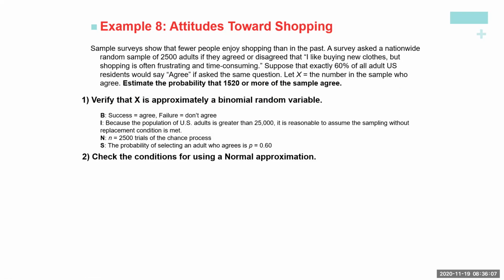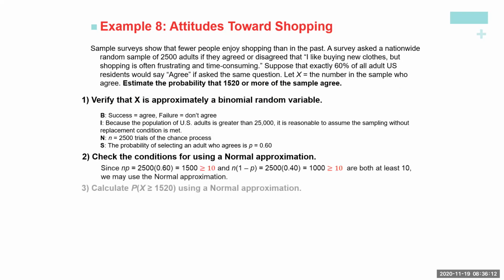So we also need to check the conditions for a normal approximation. So we need to check the 10% rule. Since np, n is the total number of 2,500 adults, times our 60%, 0.6, that equals 1,500. Yes, that is for sure greater than 10. Check.